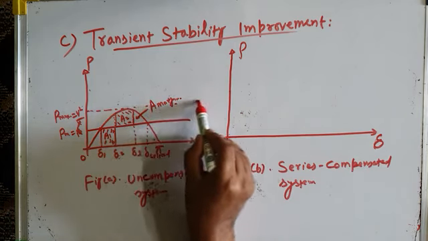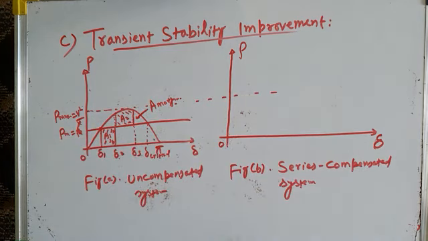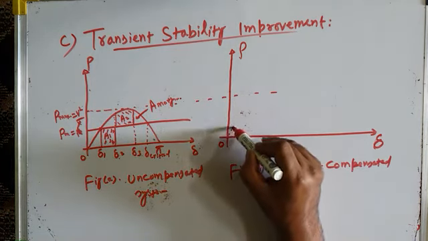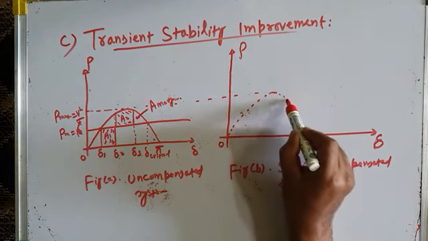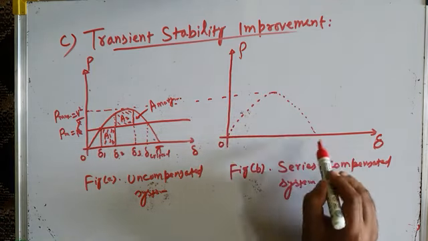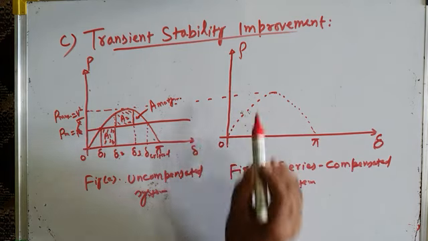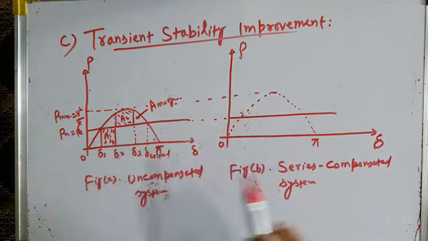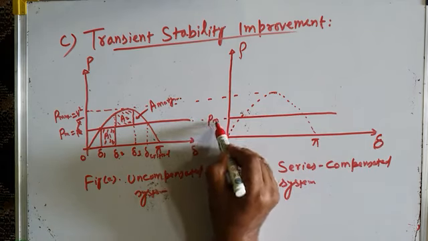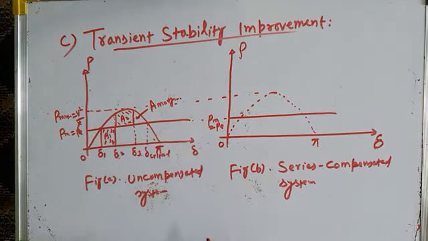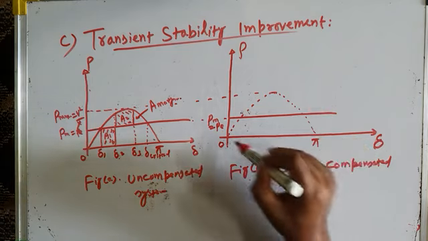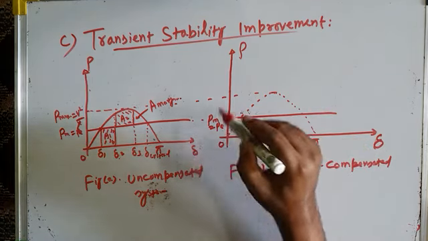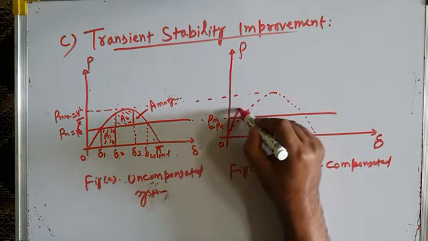So this is pi. Okay, now this is mechanical input equal to electrical output, and this is the series compensated line characteristic.